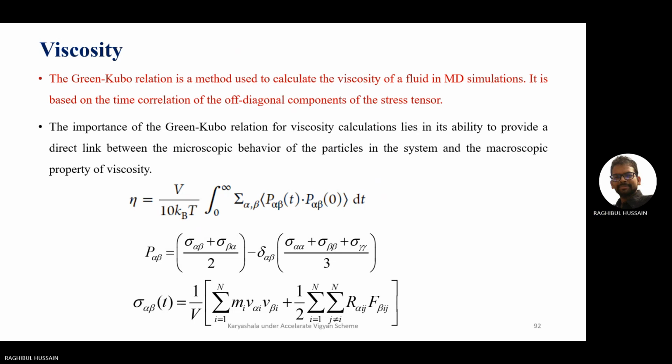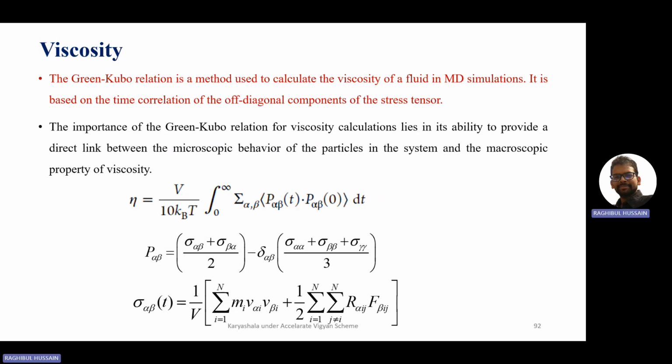If alpha equals beta, that means xx, yy, and zz, then these stresses are the normal stress, right? And at that time, alpha equal to beta, so this is my Kronecker delta. The Kronecker delta for alpha equal to beta will be 1.